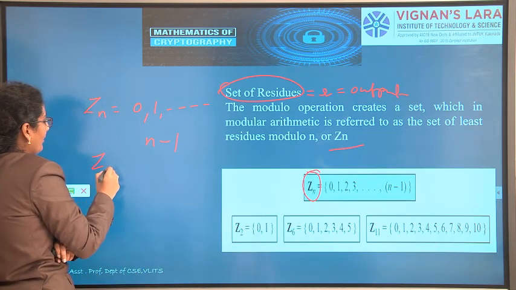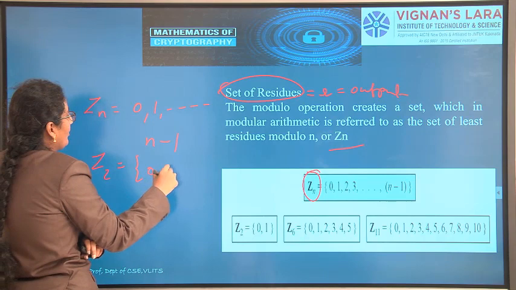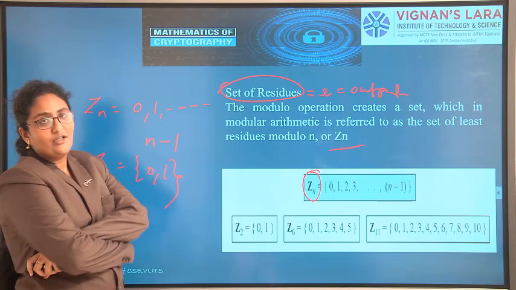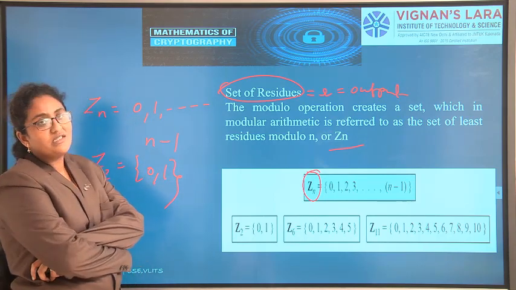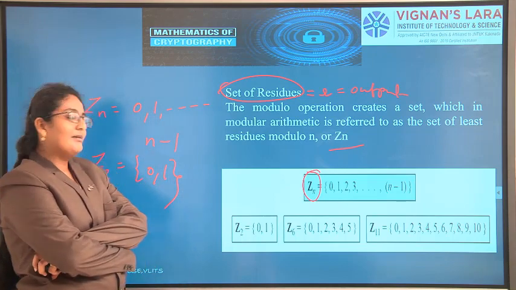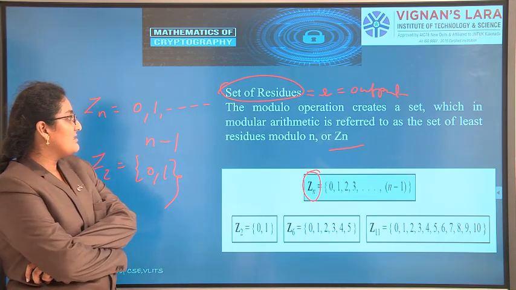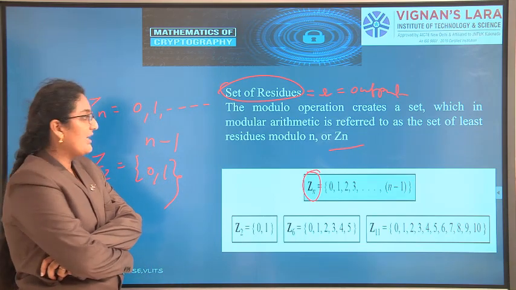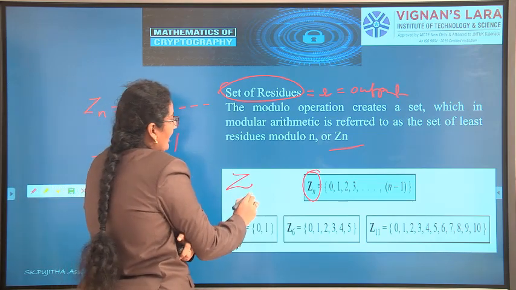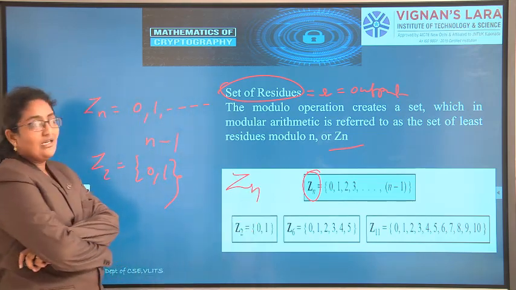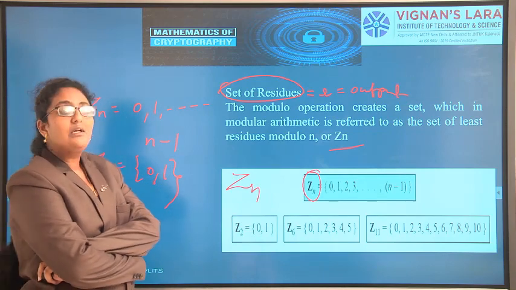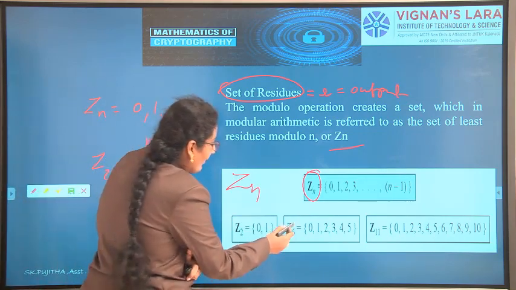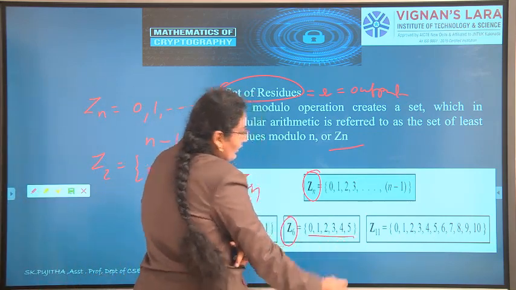If I want Z2, it will be 0, 1. Here Z is integers and n is the modulus. So the set Zn will be 0 to n minus 1. If I want Z6, it will be 0 to 5.